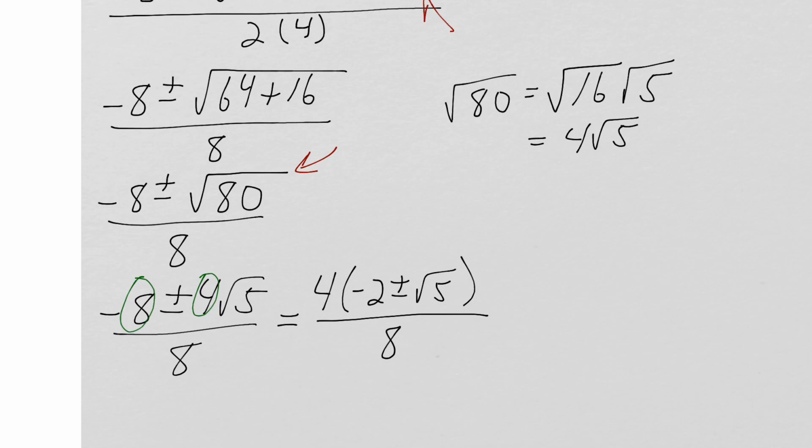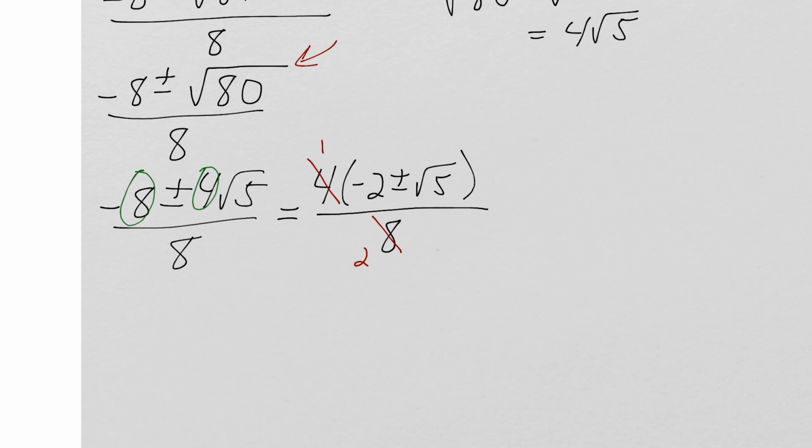And the reason for factoring that 4 out is that now we can do some cancellation, and this 4 actually cancels into the 8, leaving 1 here and a 2 there, which means my simplified version of this answer will have just a negative 2 plus or minus the square root of 5 on the top, and the bottom is just the value 2.